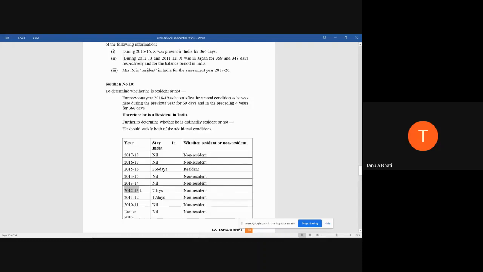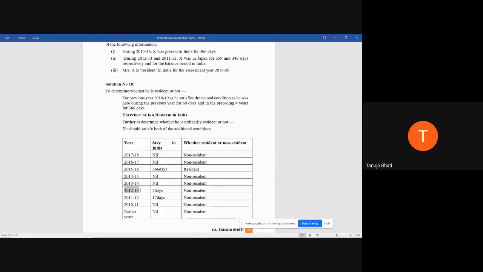Remember students, 2012-13 was a leap year. Now what is a leap year? Where there is an extra day added to Feb. Usually Feb has 28 days, but in a leap year Feb has 29 days. So usually the number of days in a year is 365 days, but during a leap year the number of days in a year is 366 days. So now 2012-13 was a leap year.